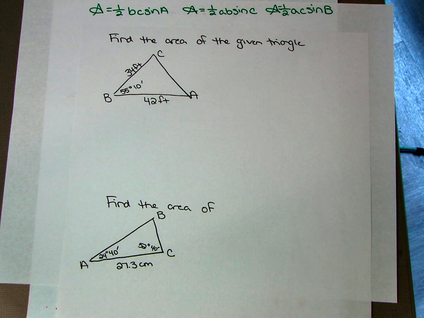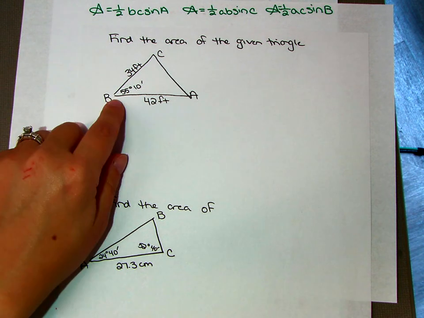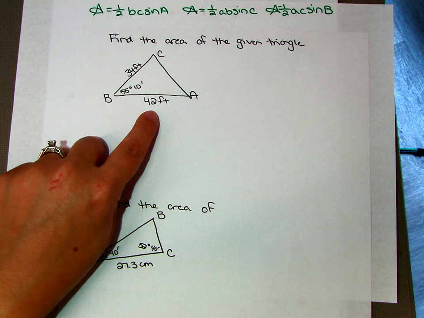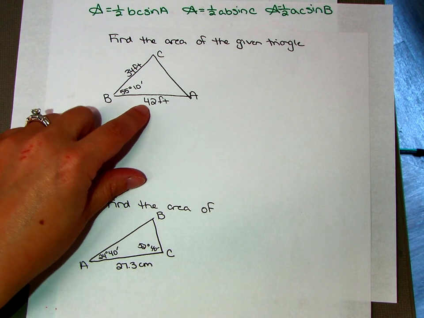So we know side A is 34 feet. We know angle B is 55 degrees 10 minutes. And we know that side C is 42 feet. So we know side, angle, side. So we can use our areas that we just saw.